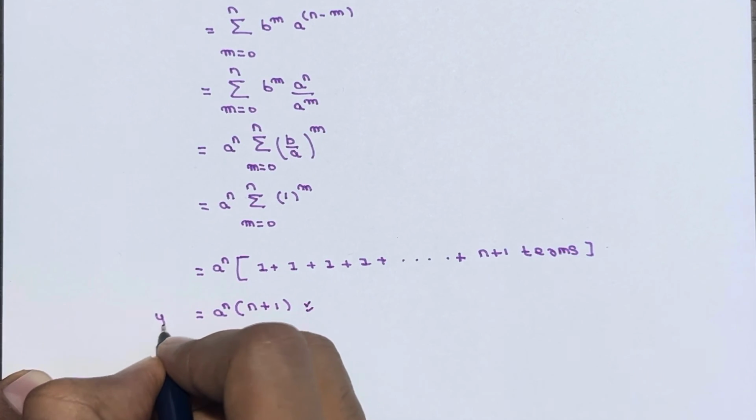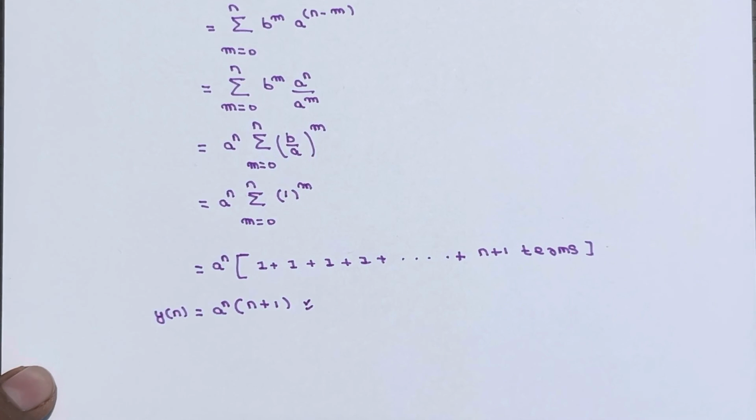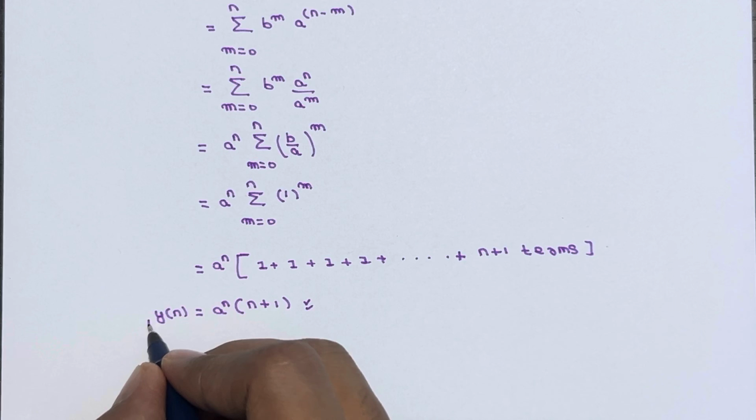This is the value of y of n. So we have covered both scenarios, when a is equal to b and when a is not equal to b. What is y of n? That is basically the convolution of these two finite duration sequences h of n and x of n. So I hope this is clear to you.